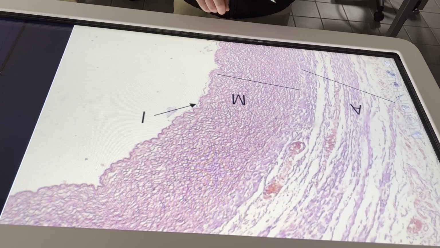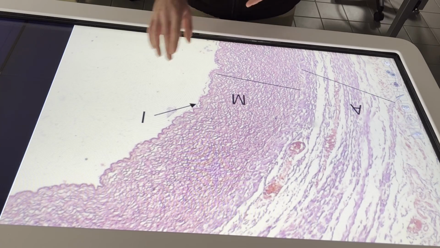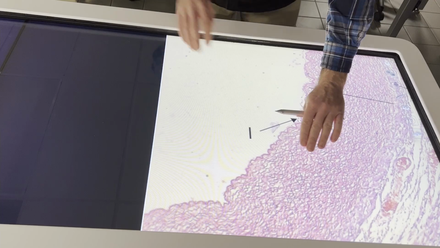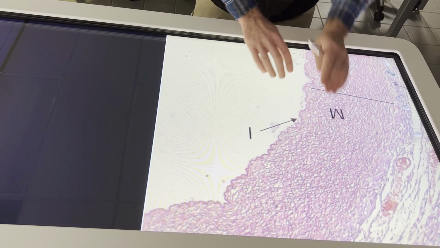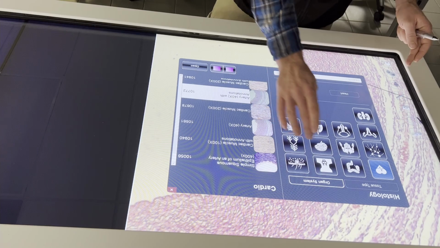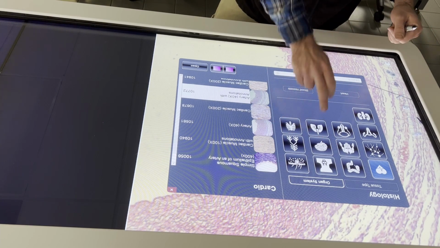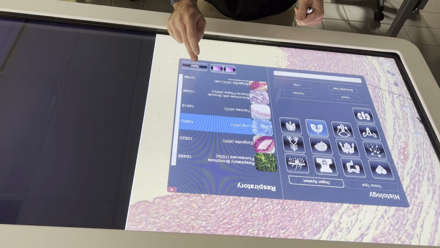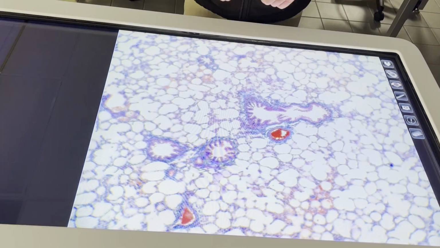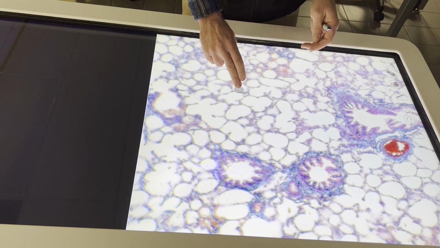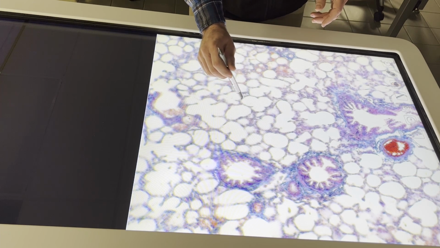Another place this could be is in the air sacs of the lungs. So don't worry about that smooth muscle here, that's simple squamous, and I bet I can find a lung right here. Let's actually look at the inside of a lung and the air sacs. Here we go. So these are the air sacs of the lungs, the alveoli. And if you look right here, there's one layer.